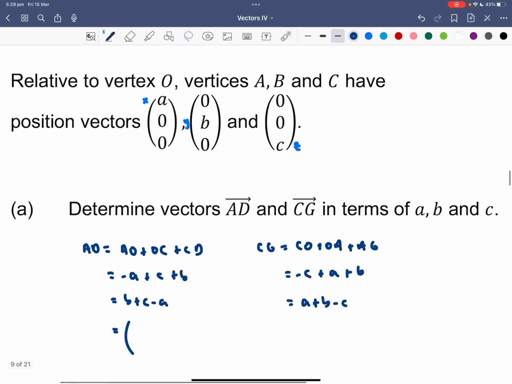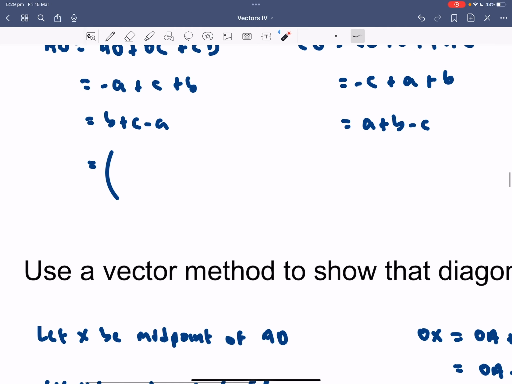Now what was B at the end of the day? It's 0, B, 0. So this can actually be written as negative A, B, and C. And in the exact same way, I could rewrite this as A, B, negative C.